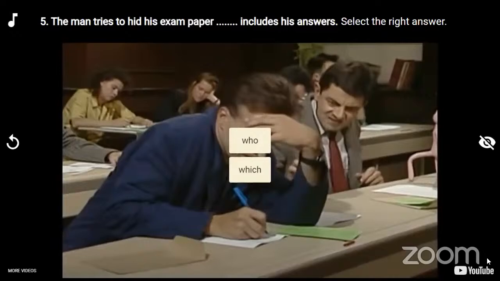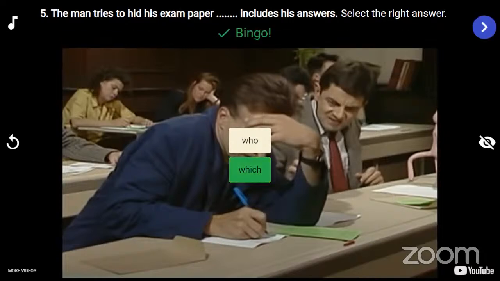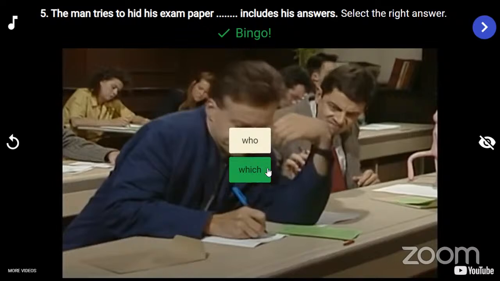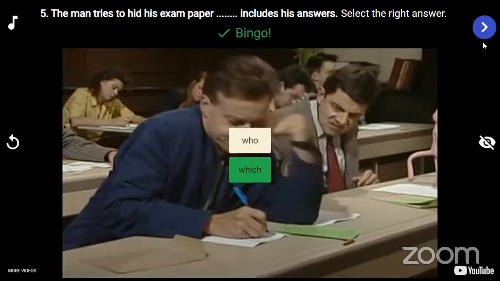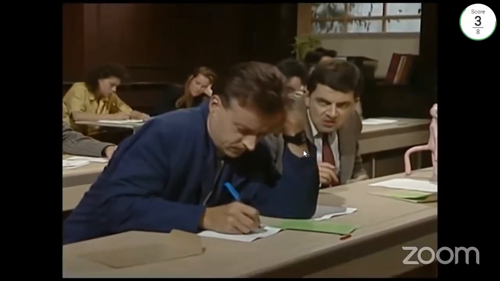The man tries to hide his exam paper. Which? Which? Okay. I'm sorry. The next one.